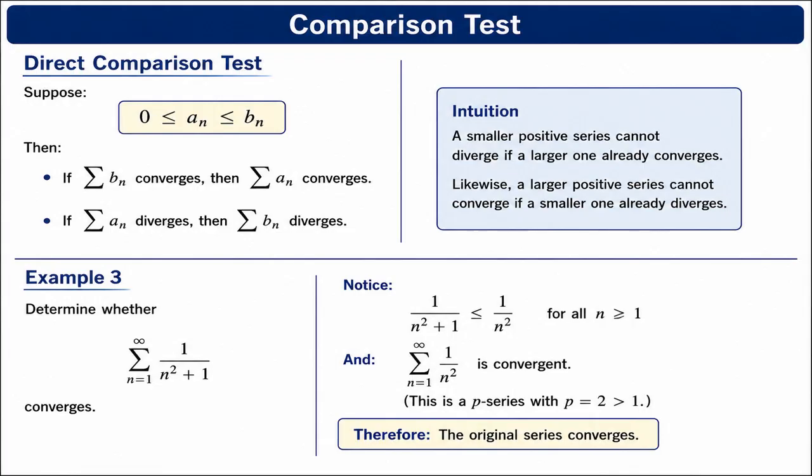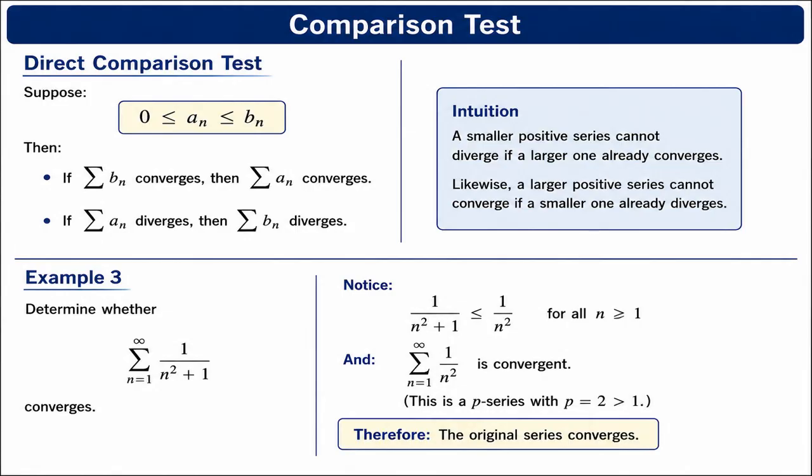Suppose we have two series with terms a sub n and b sub n. If a sub n is between 0 and b sub n, then we can compare their behavior. If the larger series converges, then the smaller series must also converge. And if the smaller series diverges, then the larger series must also diverge.